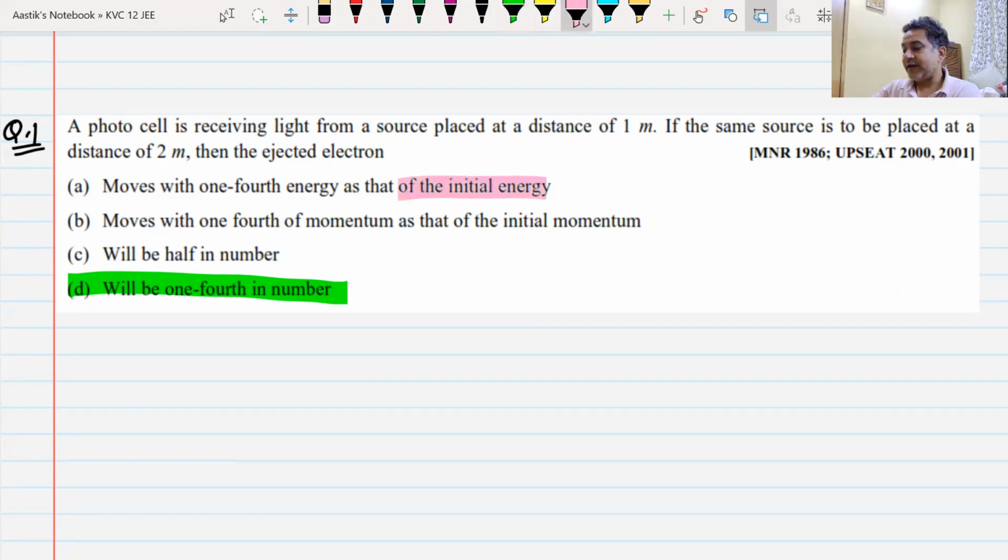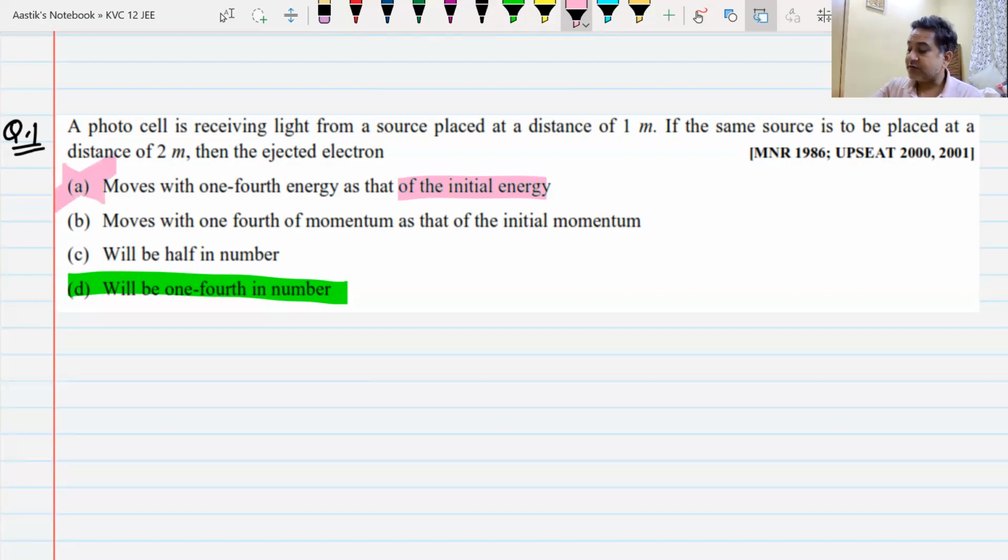On what factor does the energy of the photoelectrons which are emitted depend? Do we remember it? It depends on frequency. Is the frequency changing? No, sir. So the first option is not going to happen.